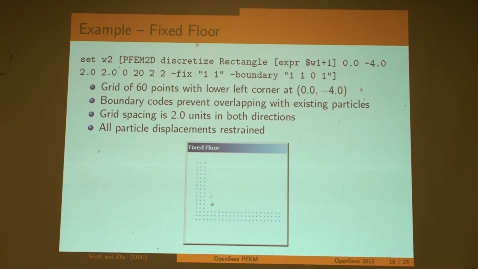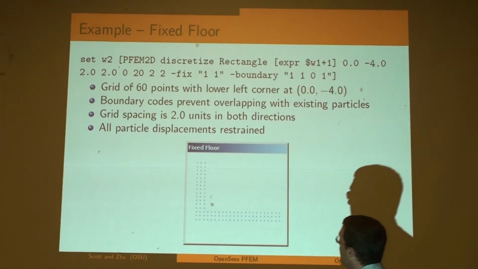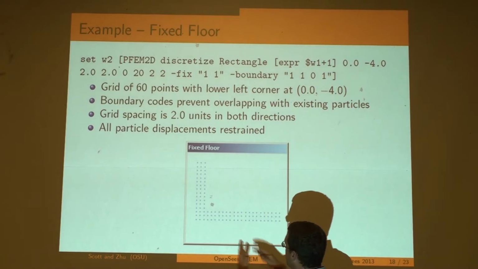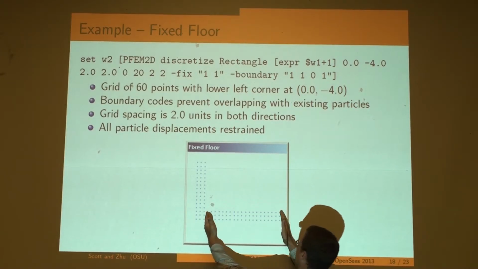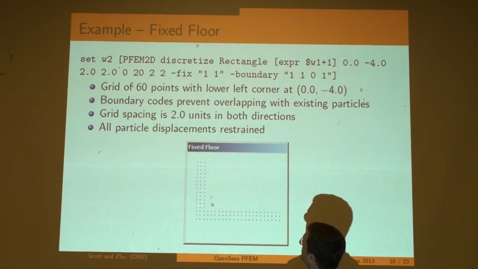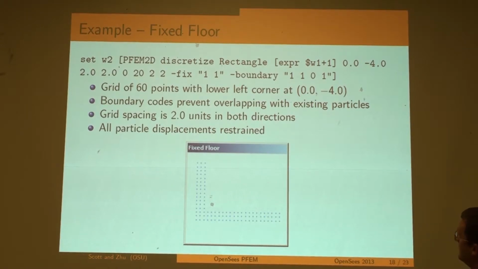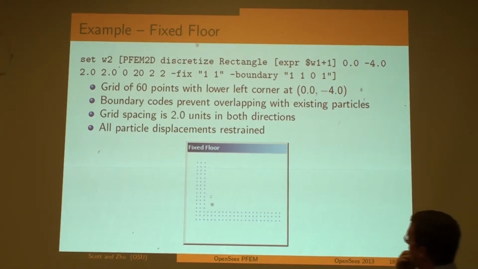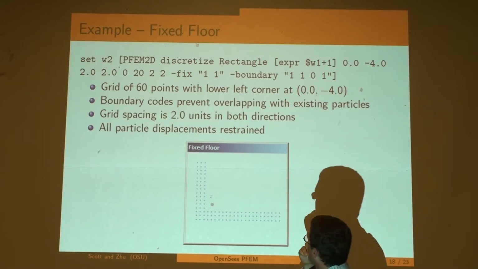Then we can issue the discretized rectangle command again to create the bottom surface or bottom floor here, which is also fixed. And it has the same grid spacing of 2 units. There's 20 intervals in the X direction, 2 in the vertical direction, and then fix 1, 1.